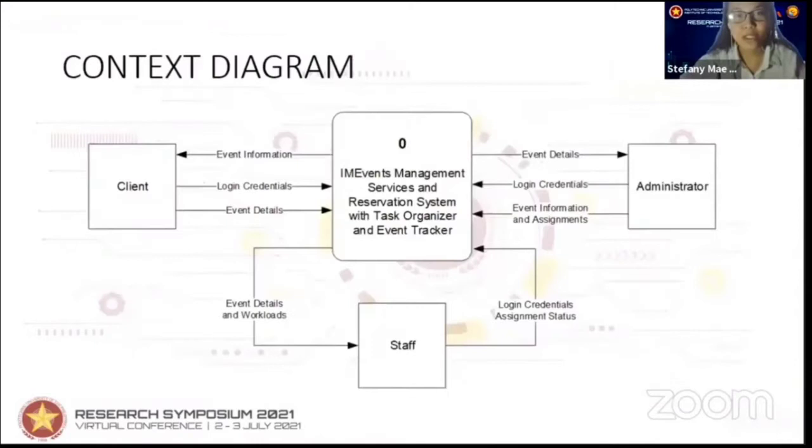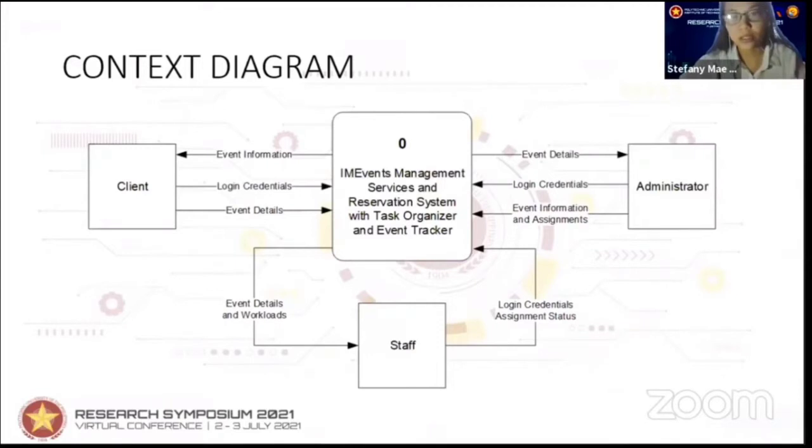So for our context diagram, we have three entities here: the client, the staff, and the administrator. And these are the information na i-input nila, and at the same time, ibibigay ng system once they ask. For the client, they need to input their login credentials, the event details.